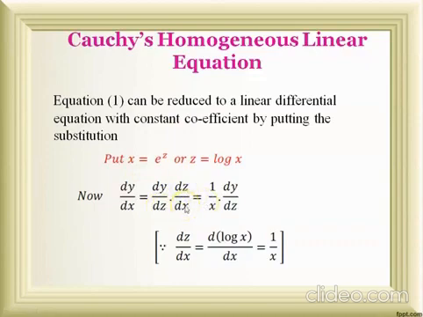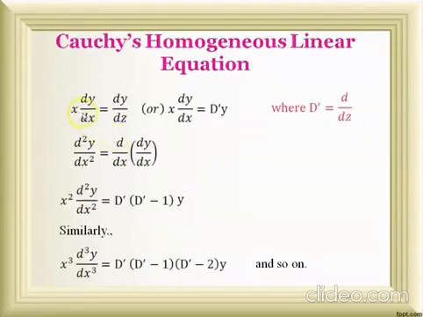From this z, I can find the derivative with respect to x. So dz by dx equals the derivative of log x, which is 1 by x. After replacing in the previous equation, it becomes dy by dx is equal to 1 by x into dy by dz. Let us move this 1 by x to the left hand side. It will read x into dy by dx is equal to dy by dz.